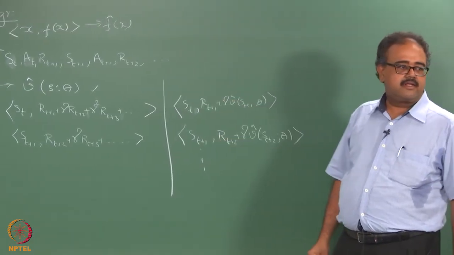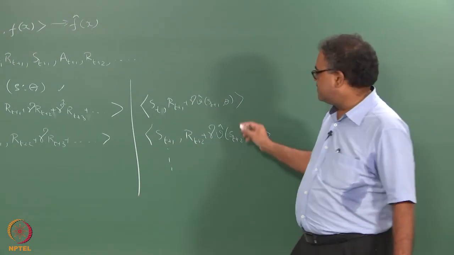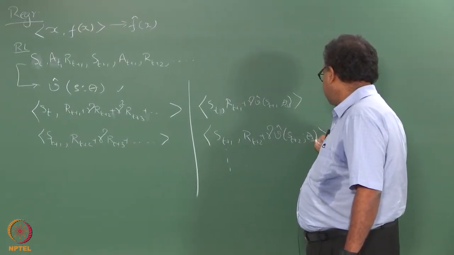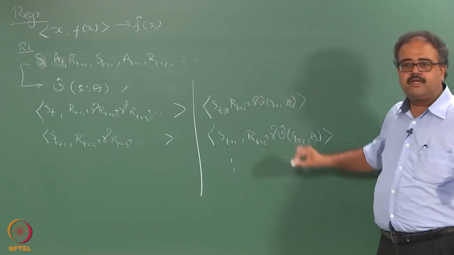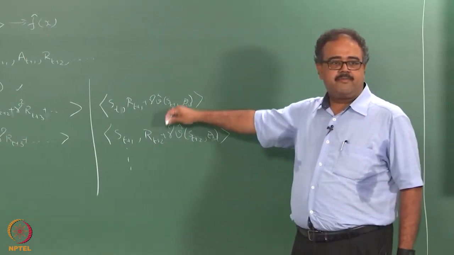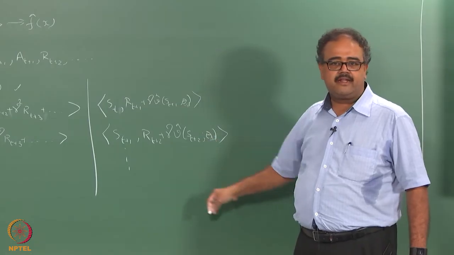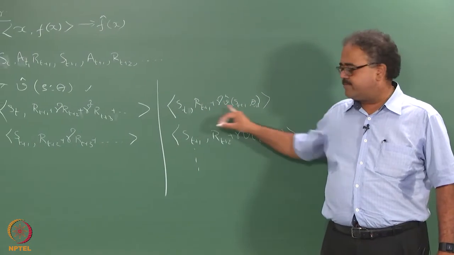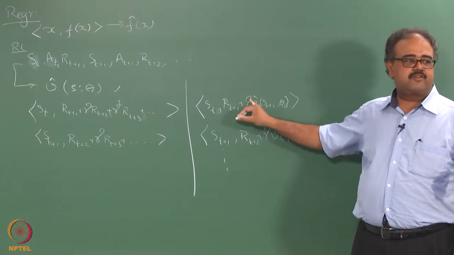So this will be theta old. I will use the old theta, make a prediction, and make a target for my S_t. So V(S_t) should become this, where this value was computed using the old theta.